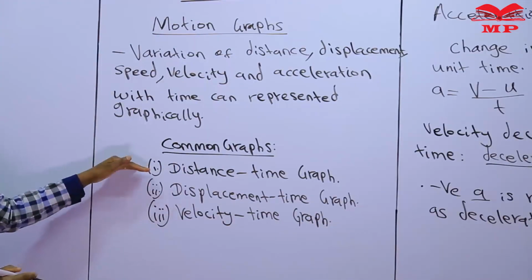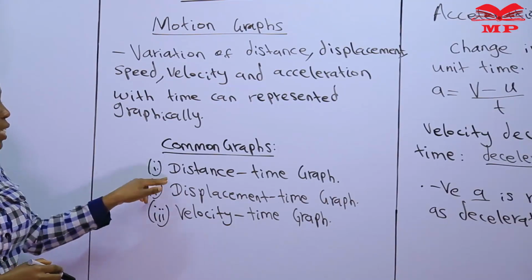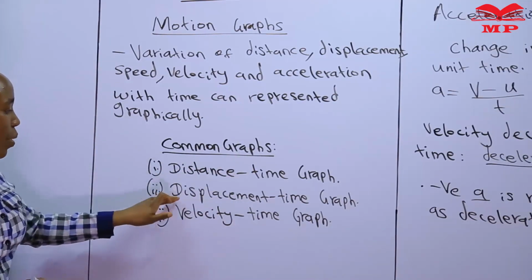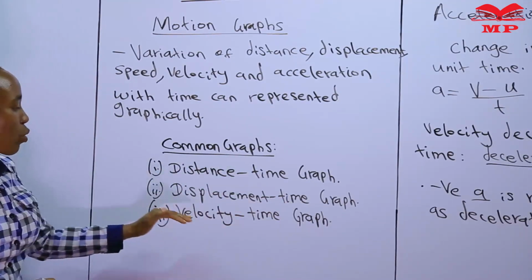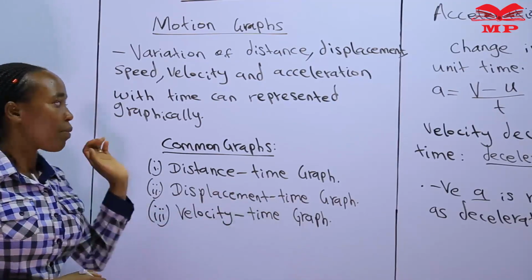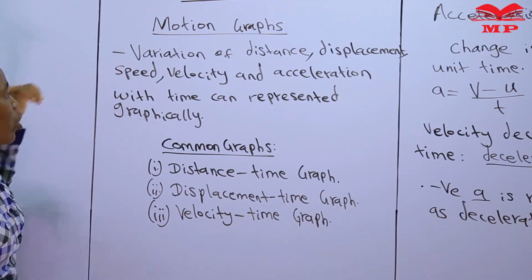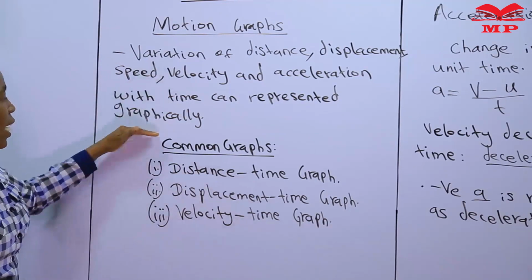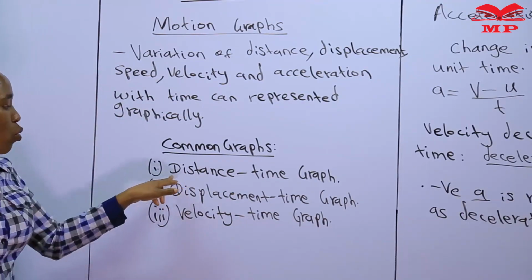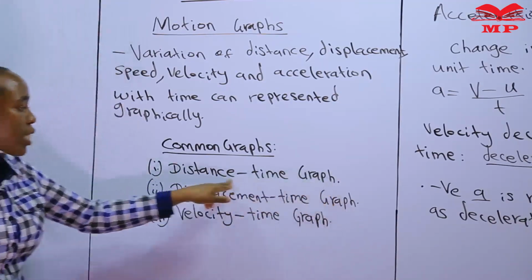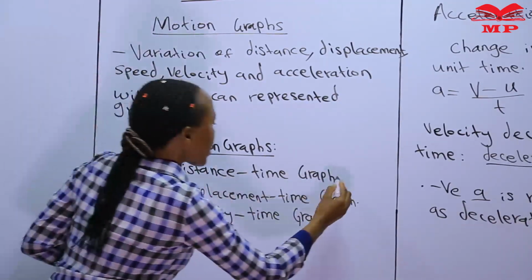These are the graphs that we are going to look at, because we have seen that we can represent the variation with time graphically. So we are going to base our discussion for this lesson on the distance time graph.